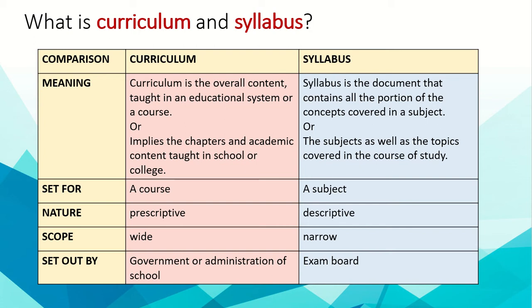Curriculum is set up by the government or administration of the school, whereas a syllabus is the document that contains all the portions of concepts covered in a subject, or the subject as well as the topics covered in a course of study. It is set for a subject, has a descriptive nature, and the scope is narrow, and is also set out by the exam board.